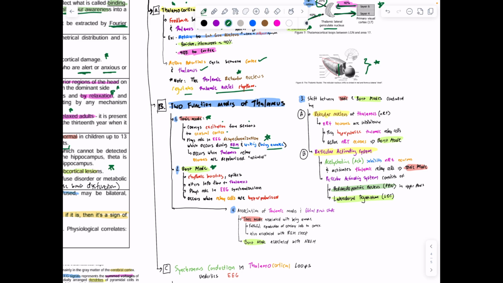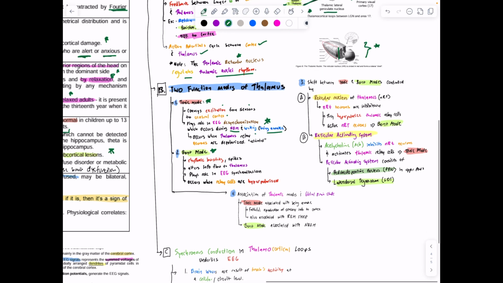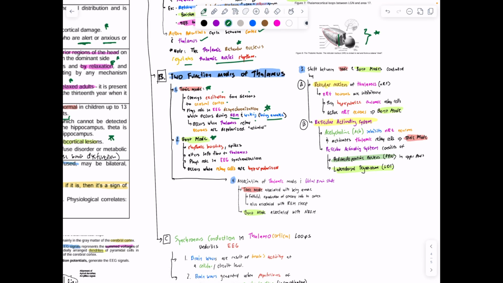It's when the thalamic relay neurons are depolarized, they've been activated. Then we have burst mode, which is associated with non-REM sleep. It's rhythmic, bursting spikes. It alters information flow to the cortex, right? You don't necessarily want all of your sensory information going to the cortex for analysis if you're just lying there sleeping. So burst mode is associated with sleep. The relay cells become hyperpolarized, so it's kind of the opposite of tonic mode.